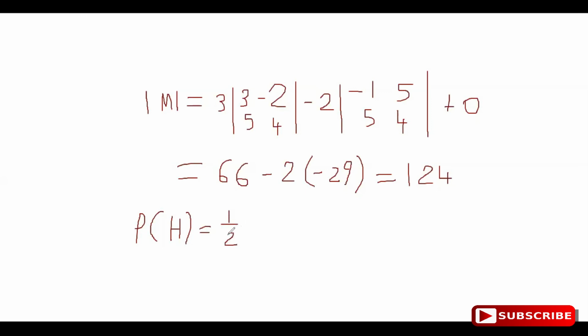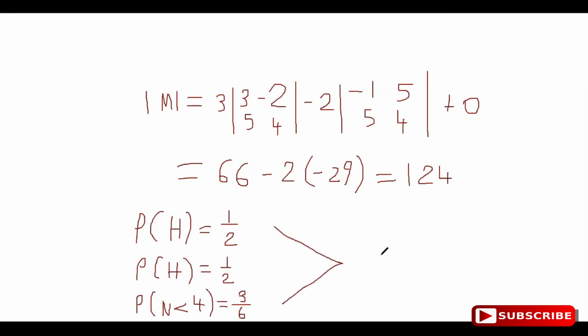So the probability of head is a half. The probability of getting a head on the second coin is also a half. And then finally, the probability of getting a number less than 4: I can get either 1, 2, or 3. So I can get 3 numbers out of the 6 of them.